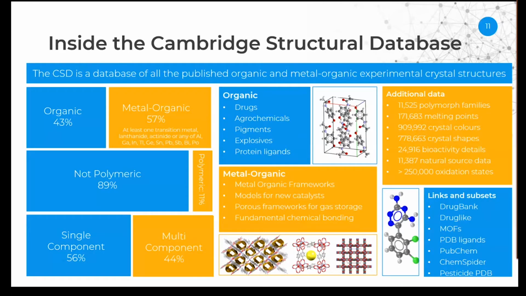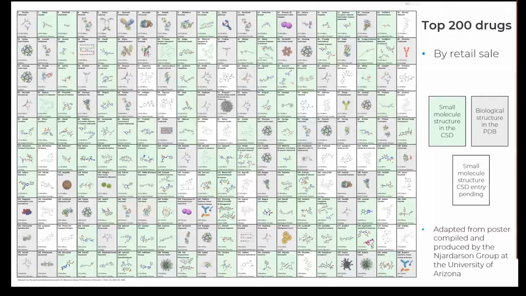As I'm sure you know, the CSD contains a mix of organic and metal organic structures with single and multi-component complexes, and it's used in a variety of industries, particularly relevant for today is the pharmaceutical industry. It contains a wealth of information about lots of different structures, and these include drug structures. You can easily access approved drugs using our drug subset that you can find in ConQuest and our Python API.